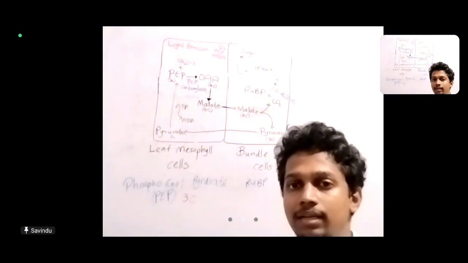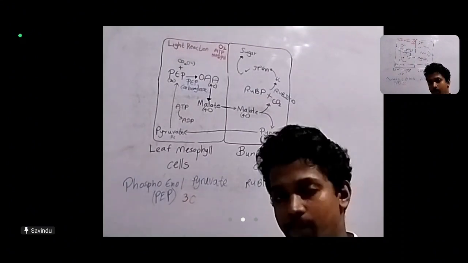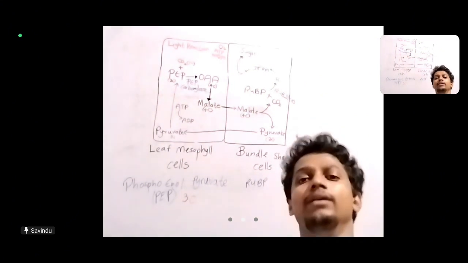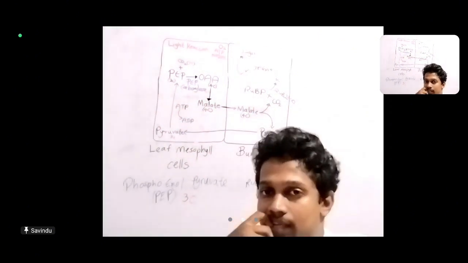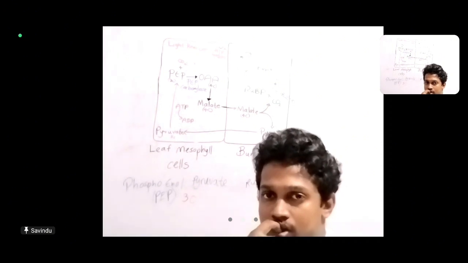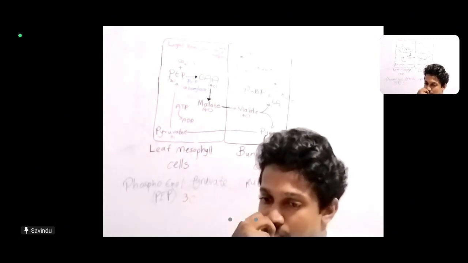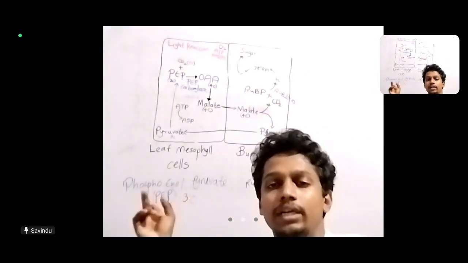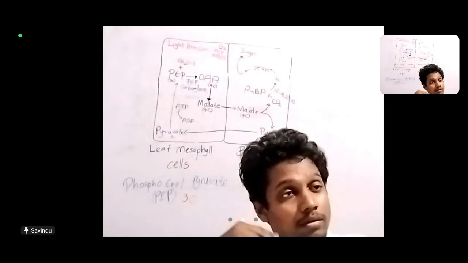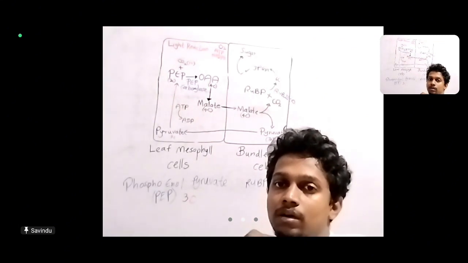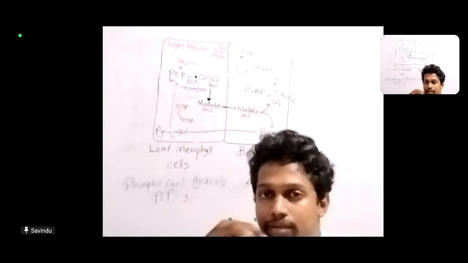Malate diffuses into bundle sheath cells and is converted to pyruvate, releasing carbon dioxide, releasing CO2.